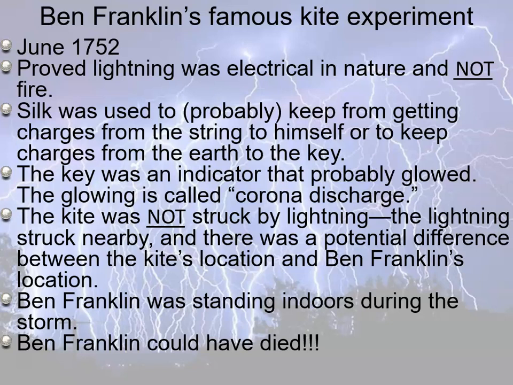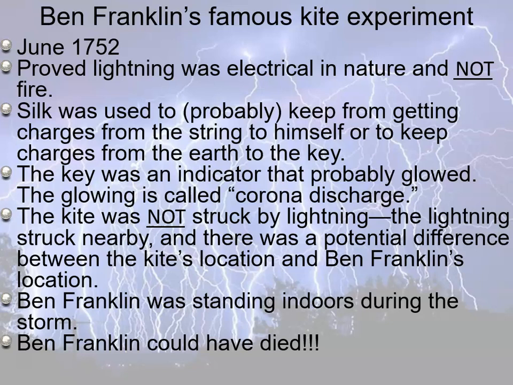What actually happened was that lightning struck nearby, and by doing so, that ended up transferring charge to the metal key, and it was glowing. The fact that it glowed, this is what we call coronal discharge, and this glow showed that, yeah, it actually was electrically charged.